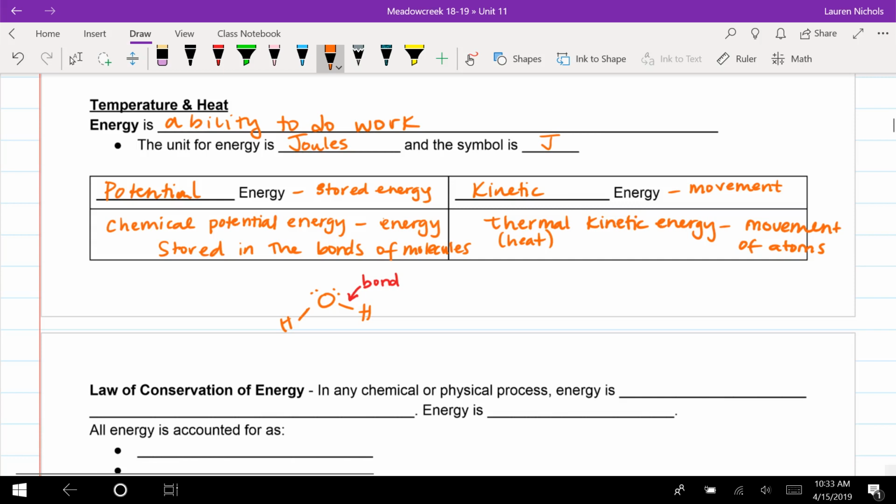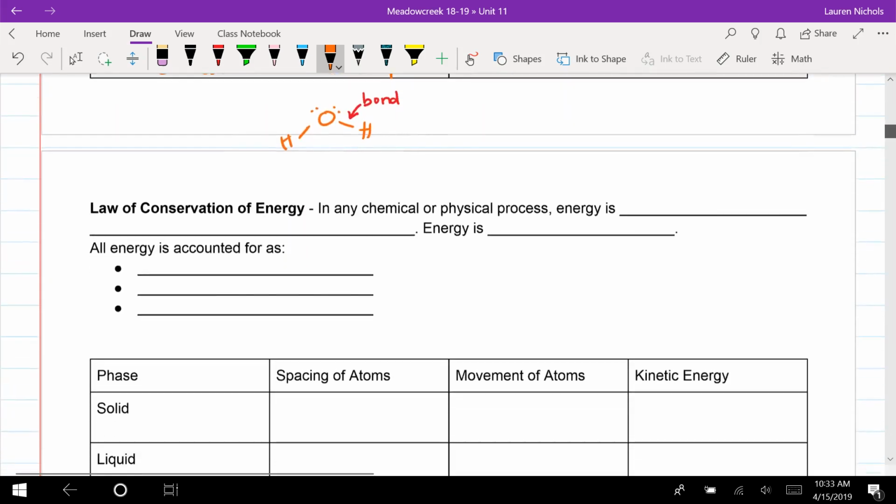A key thing to understand is the law of conservation of energy: in any chemical or physical process, energy is conserved. Energy is neither created nor destroyed.